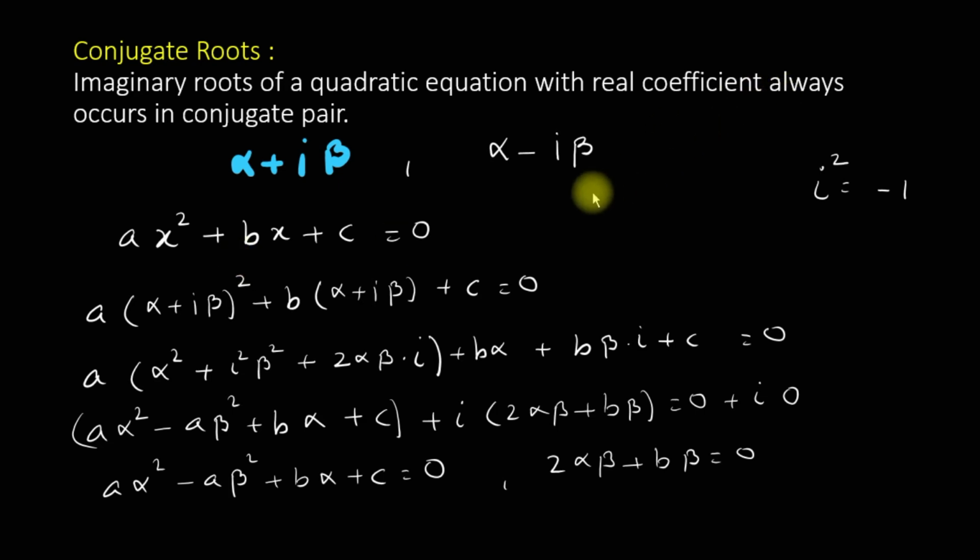Now suppose alpha minus i beta is the other root. So we can write a into (alpha minus i beta) square plus b into (alpha minus i beta) plus c equal to 0, as we assume that alpha minus i beta is a root of the quadratic equation.